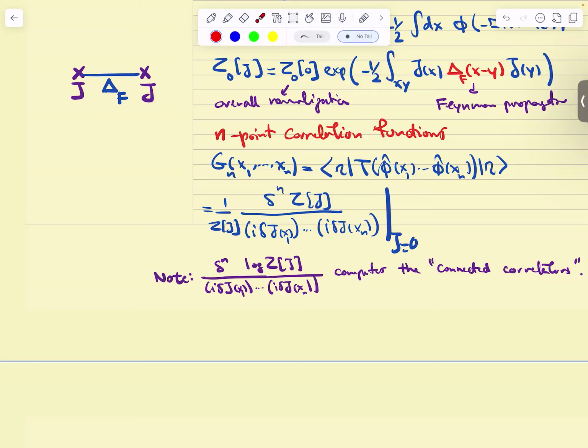Connected means that if you cannot split it, as a manifold, it's connected. So what is the connected piece of the correlator? The 4-point function is this minus these 3 terms. What would it look like? It would look like this. We're going to derive that. Those are interaction terms.